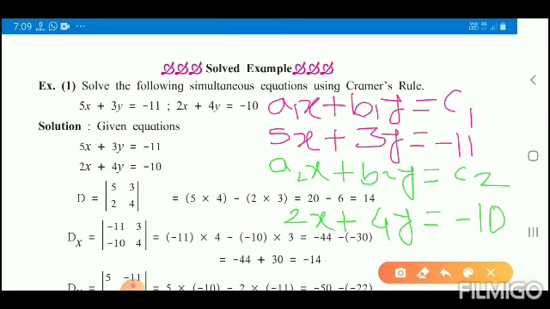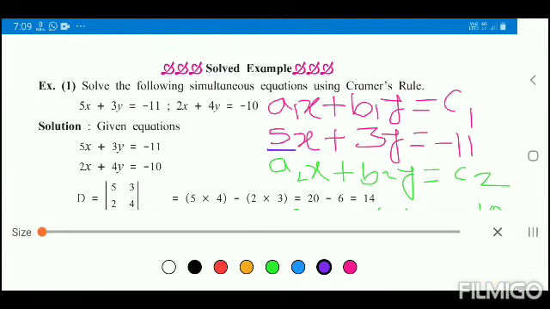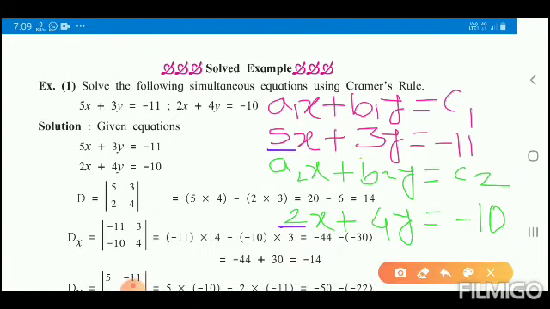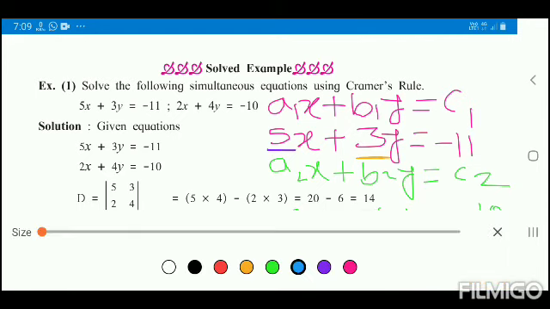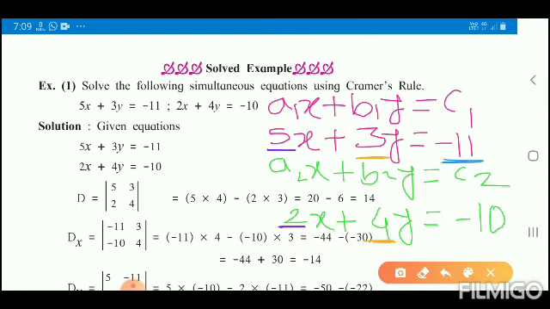Now look here, the value of a1 is 5, a2 is 2, b1 is 3 and b2 is 4. The value of c1 is negative 11, and c2 is negative 10. Okay. Now these are the values.